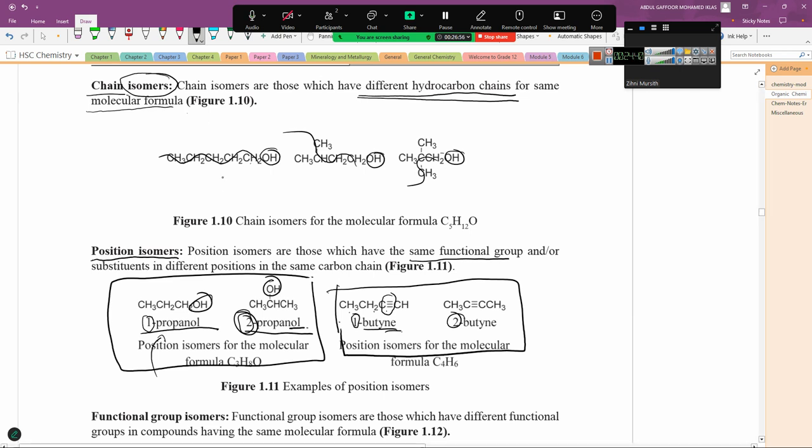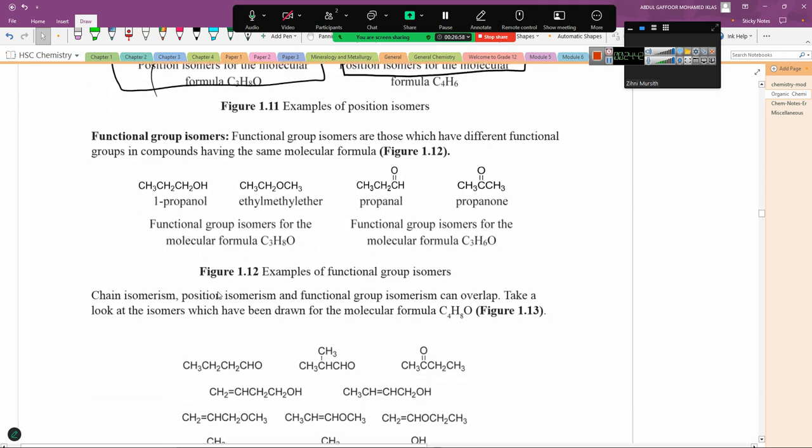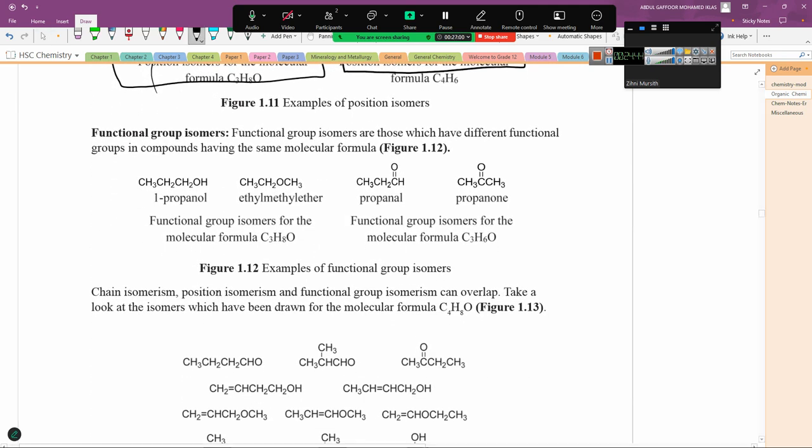And functional group isomers, that is very simple. Here you can see the functional groups are going to change, right? Now if you look at this one, this is going to be the formula, but for this structure, the functional group is OH, but here this is an ether.